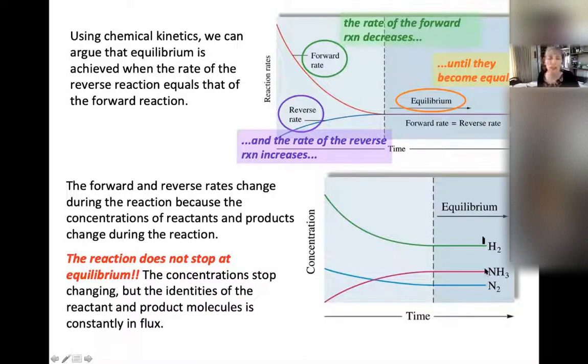They reach a constant concentration, but this is a dynamic equilibrium, which means that the reactions are still going forward and backwards. The individual molecules are still undergoing reaction. It's just that the rate of reactions and the overall concentrations are no longer changing in time. So the reaction's still occurring.